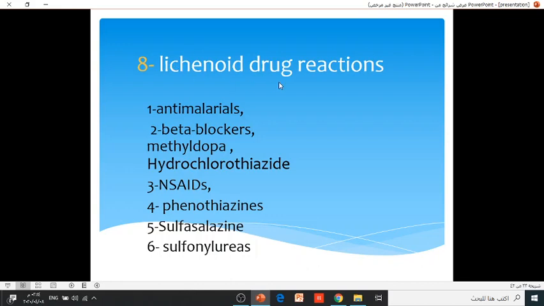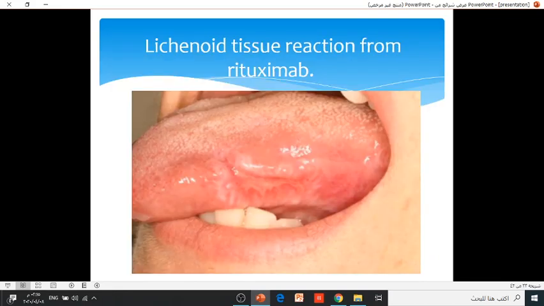Lichenoid drug reaction might be induced by antimalarial drugs, by beta blockers or methyldopa, hydrochlorothiazides, which are antihypertensive drugs. Non-steroidal anti-inflammatory drugs could cause lichenoid drug reactions. Sulfasalazine, sulfonylureas, all of these can induce lichenoid drug reaction.